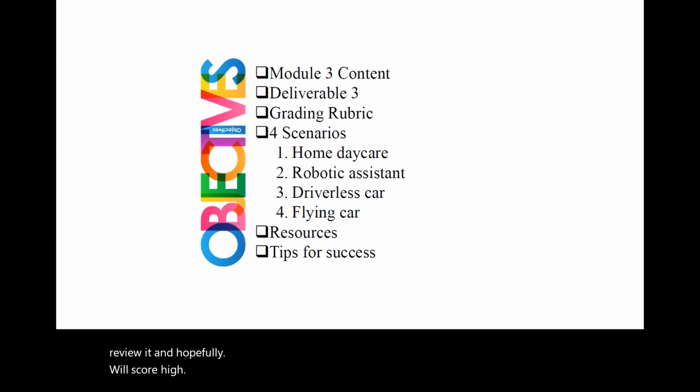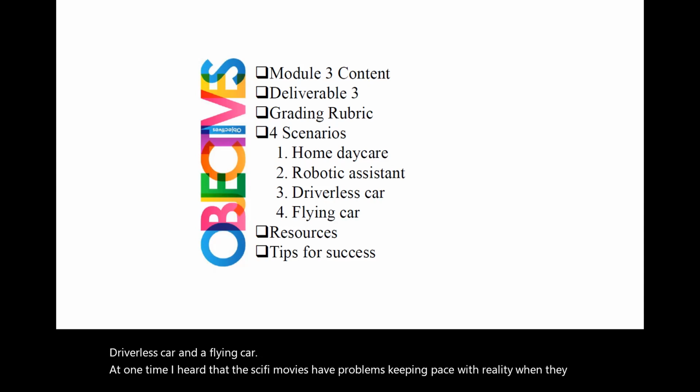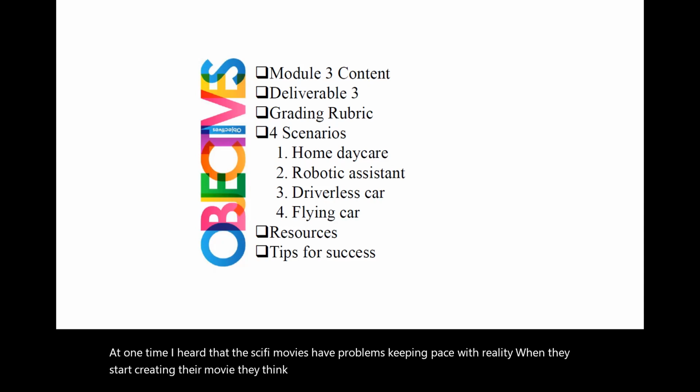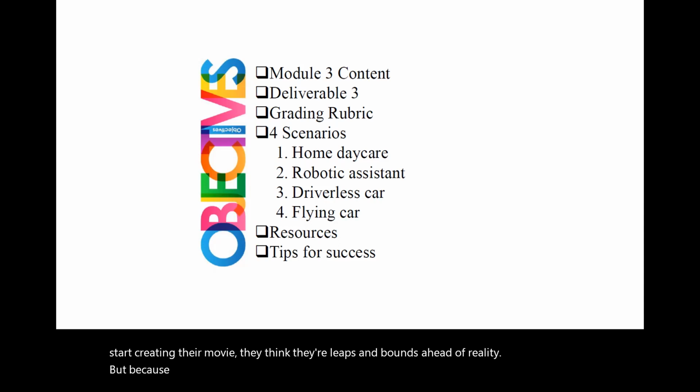Okay? We have 4 scenarios to cover: home daycare, robotic assistant, driverless car, and a flying car. At one time, I heard that sci-fi movies have problems keeping pace with reality. When they start creating their movie, they think they're leaps and bounds ahead of reality. But because technology moves so fast in our country, sometimes what you see in a sci-fi movie is actually occurring in our country.